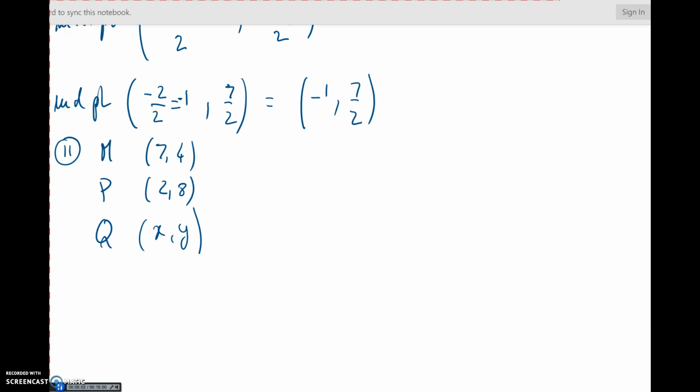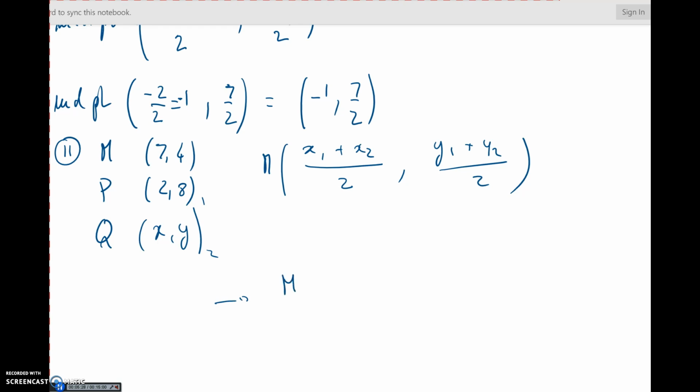Well, you know that if you have a point 1 and a point 2, the midpoint formula is (x1 plus x2) divided by 2 and (y1 plus y2) divided by 2. In your case, let's call P the point number 1 and the point Q the point number 2. So I can write that my midpoint M corresponds to ((2 plus x) over 2, (8 plus y) over 2).